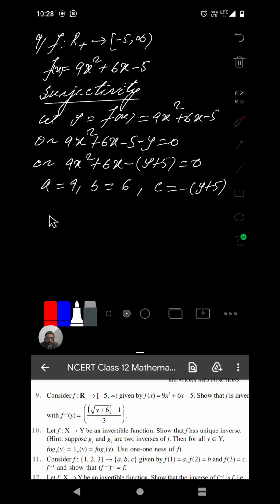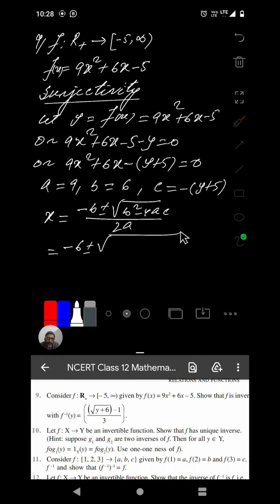So using the quadratic formula, x is equal to minus b plus minus under root b square minus 4ac upon 2a. We have x is equal to minus 6 plus minus under root b square, that is 36, minus 4 times a, which is 9, multiplied by c, that is minus (y plus 5), divided by 2a, that is 18.